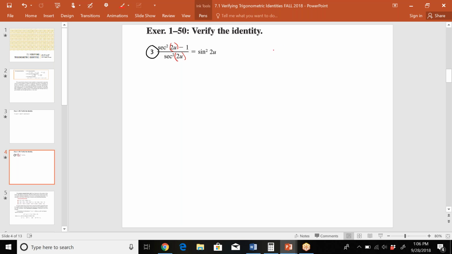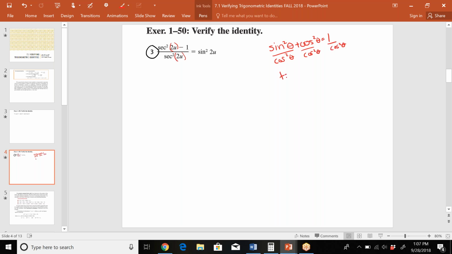That's an illegal cancel. But remember our Pythagorean identities, we have sine squared theta plus cosine squared theta equals 1. If we have a secant, that means somehow we divided this 1 by a cosine. So if we divide everything here by cosine squared, we can get the Pythagorean identity that involves secant.